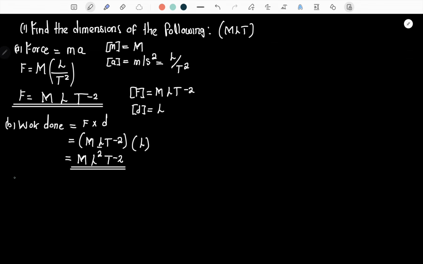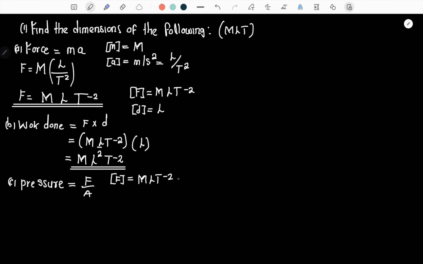We proceed. We got to see pressure. How do you come up with the dimensions of pressure? Remember that pressure is simply force over area. What are the dimensions of force? You've already calculated because you know that force is simply having the dimensions in MLT as M to the power 1, L to the power 1, then T to the power negative 2.